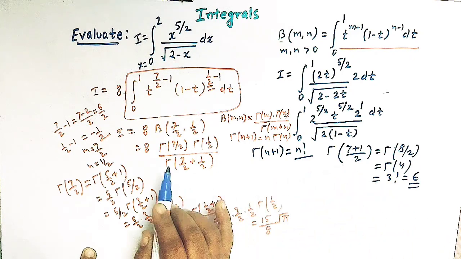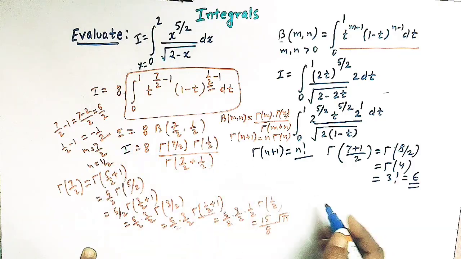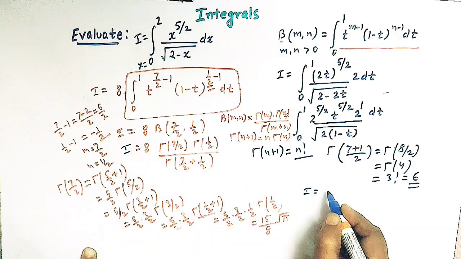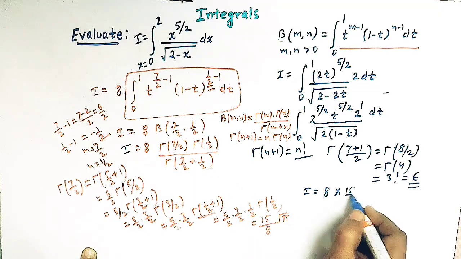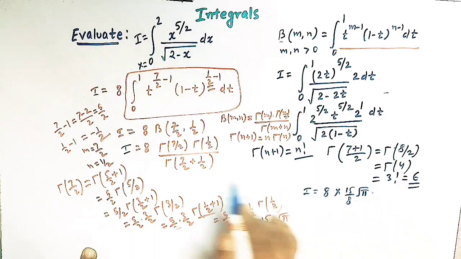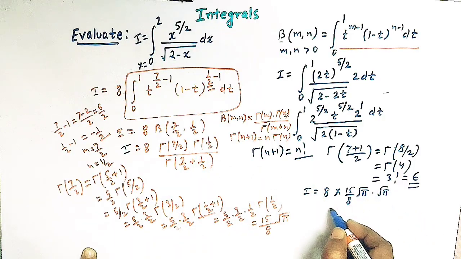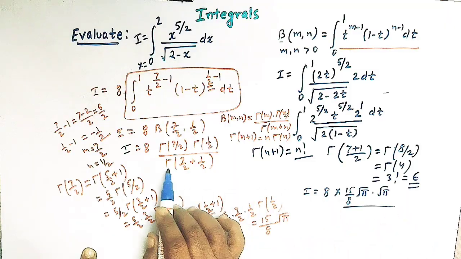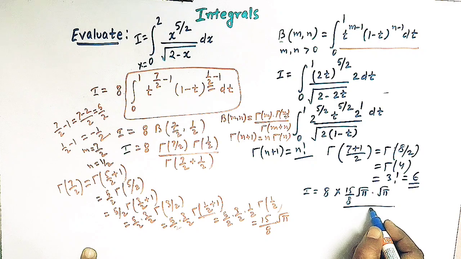Now we can write the value of this integral I as 8 times gamma 7 over 2, which is 15 over 8, and here we have root pi, since gamma half is square root of pi, divided by this expression, which is equal to 6.